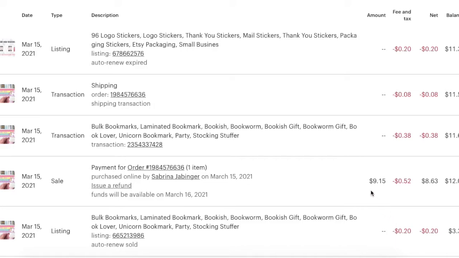And then you're going to have the payment processing fee, which is called the sale, and it's going to charge you depending on where you are located or where your bank is located. For the United States, it's 3% plus 25 cents, I believe it was. And then these two, you can basically just group because, like I said, Etsy is going to charge you 5% of the total amount.